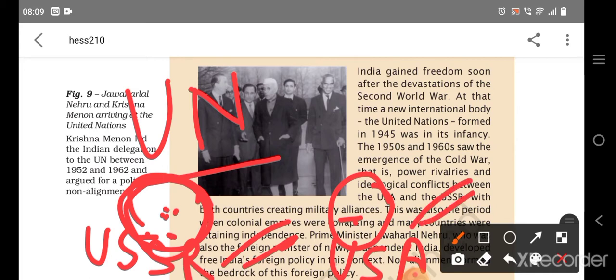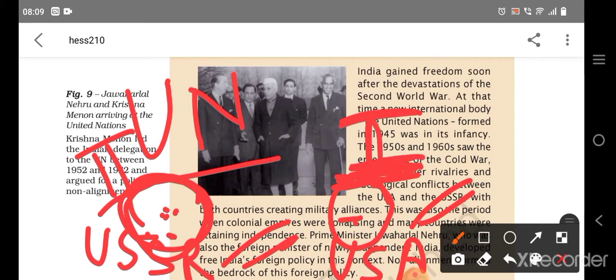They both wanted power all over the world. Those countries allied with USA were part of the first world, and the USSR and the countries allied to USSR were part of the second world. Second world, not war.